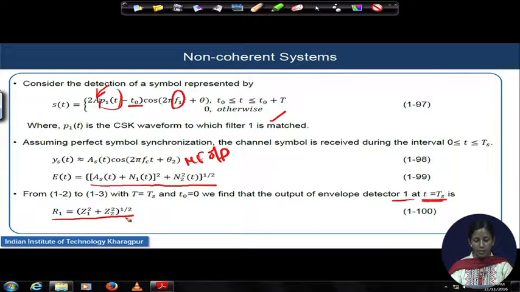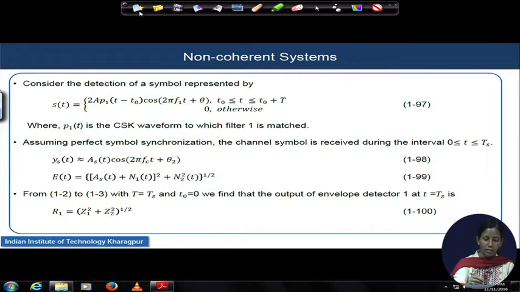So the envelope detector just discards the sign: its output at point 1 at T equal to Ts is always the square root of Z1 squared plus Z2 squared. But what are Z1 and Z2? We will explain in a later slide.